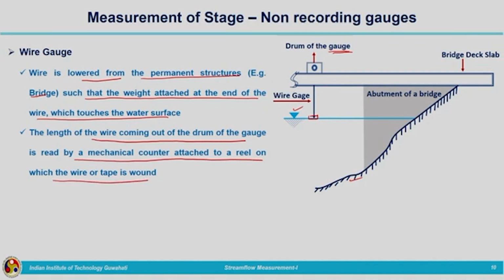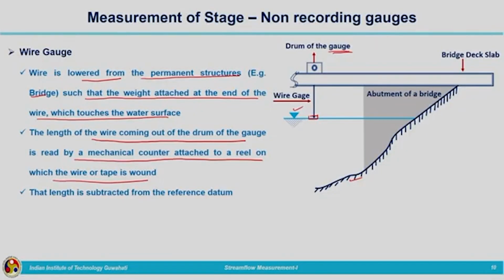There is a reel on which the wire is wound. From there, how much is the length of the wire which is lowered so that the weight is touching the water surface, that much length will be measured, and that will give us the depth of the water level from the arbitrary datum.